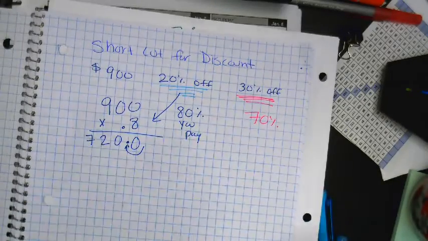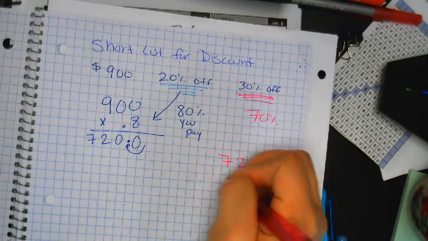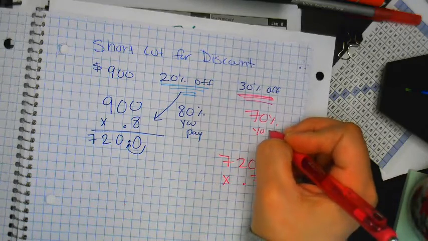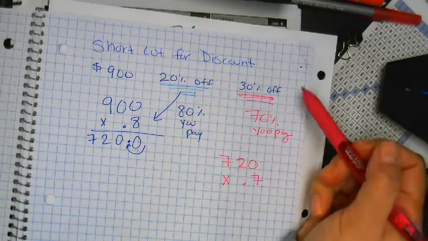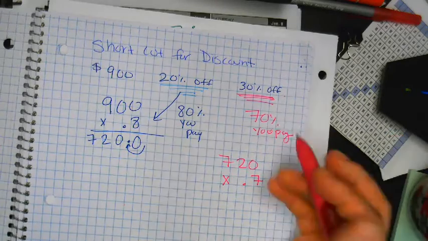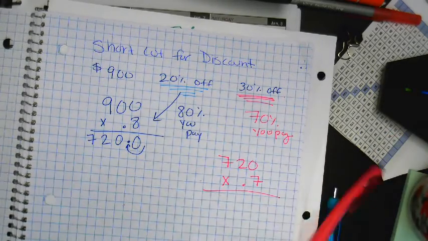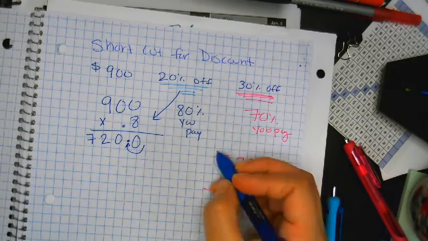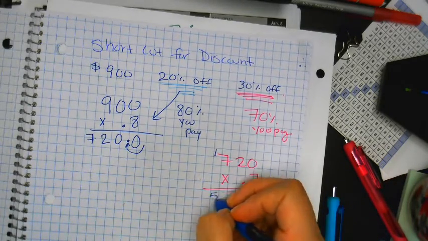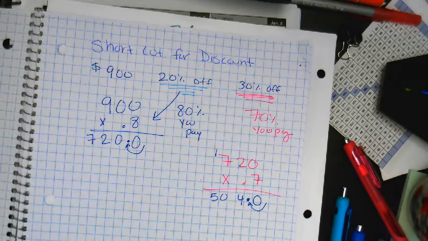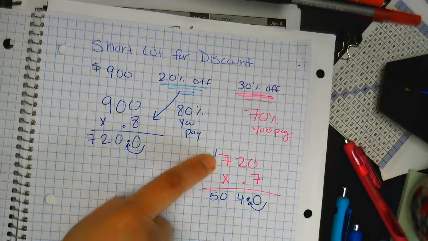We take 720 and multiply it by 0.7. 70% is what you pay, because they take 30% off, and you end up with 70% to pay. 7 times 0 is 0. 7 times 4 is 28... 7 times 7 is 49, plus the 1 is 50.